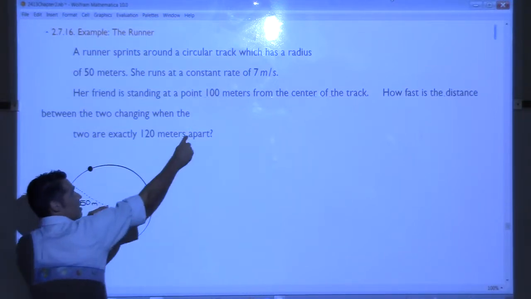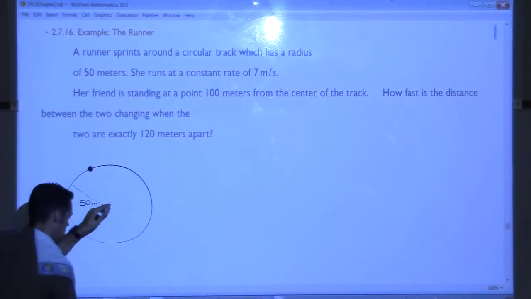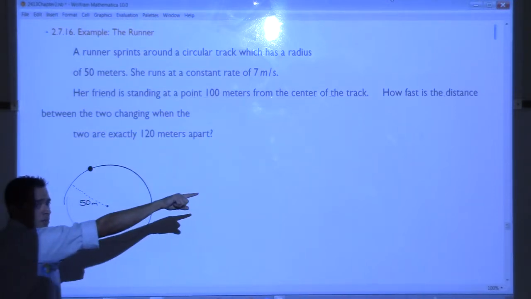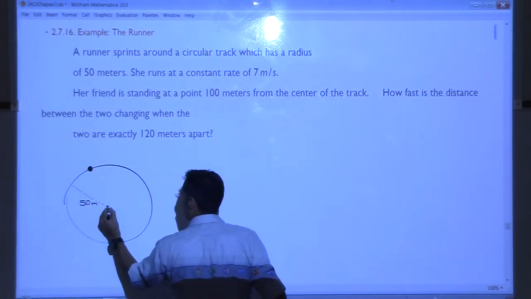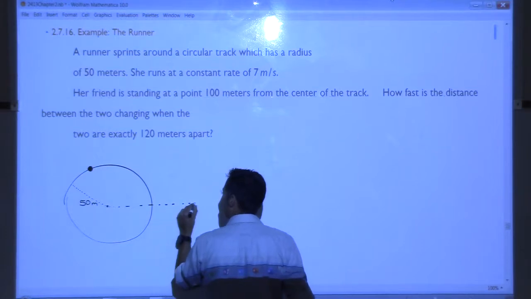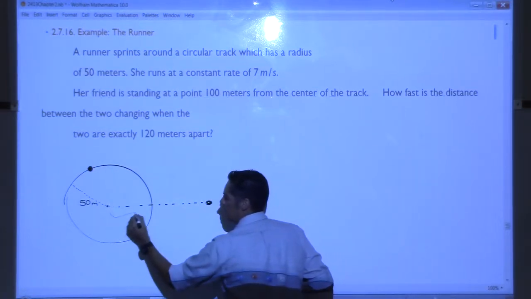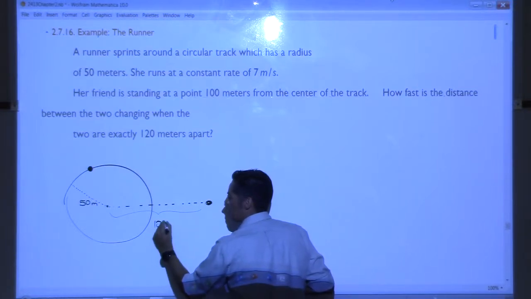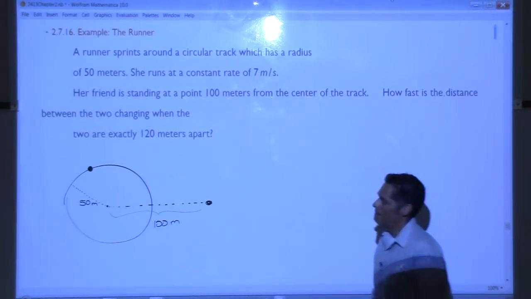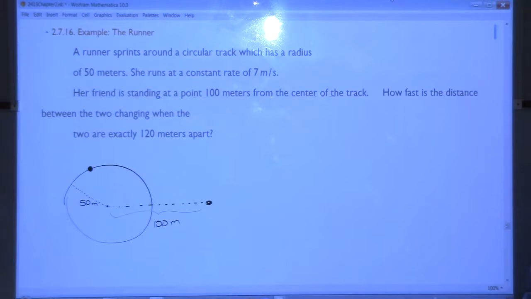I could put it up here, or down here, or straight down, but I'm just going to go straight out to the right. So if I go all the way to here, that's my observer. And I know that distance from here to here is 100 meters. Those things don't change.